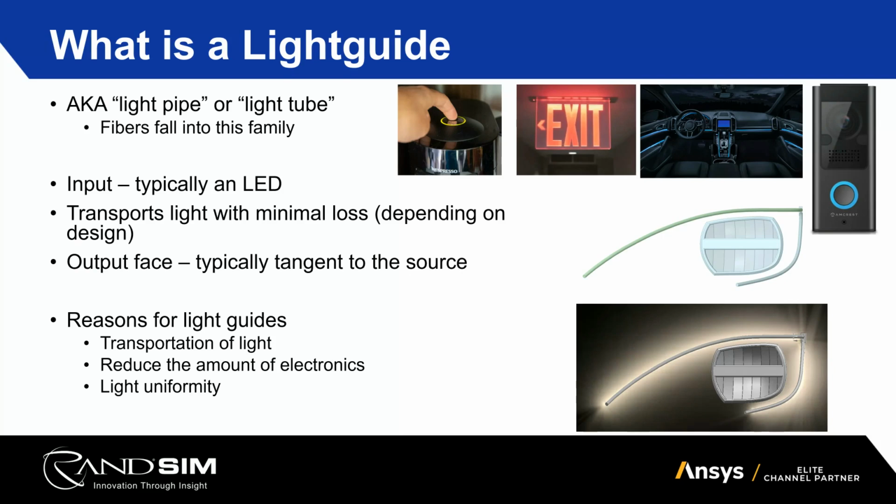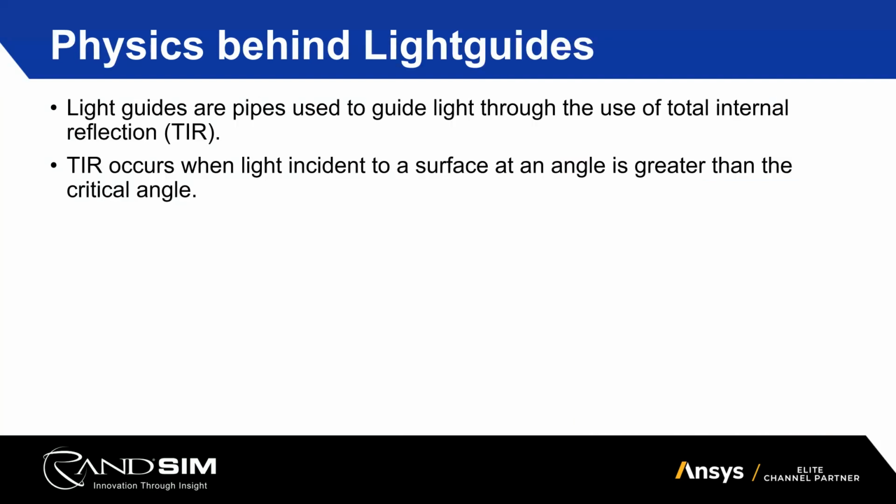So I think it's important to talk a little bit about the physics of light guides, just because a light guide uses total internal reflection, which I'll explain a little bit more. But this means that we are using a clear material. In this example today, we're going to be using acrylic, also known as PMMA, which is typically what we're seeing in the realm of light guides right now.